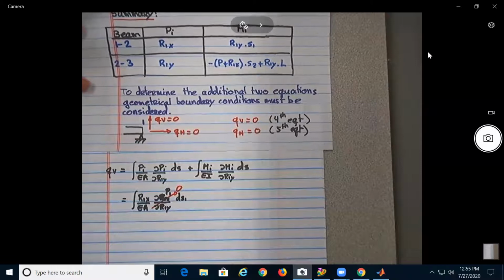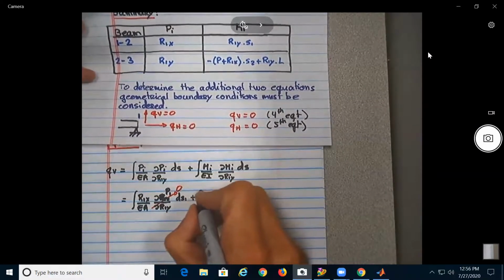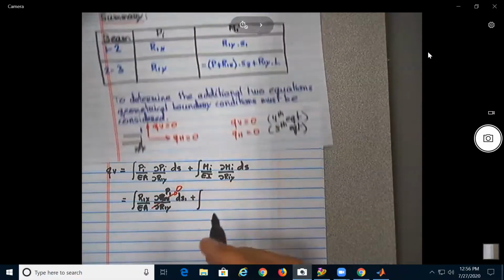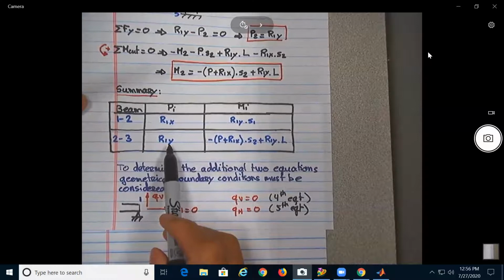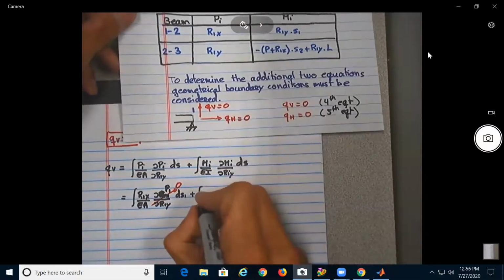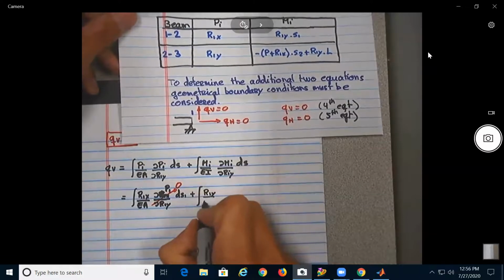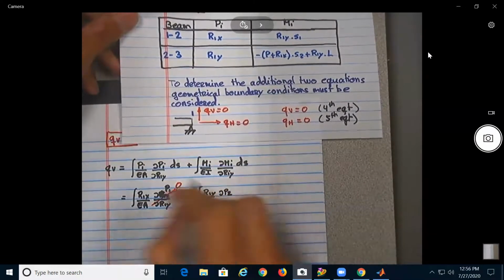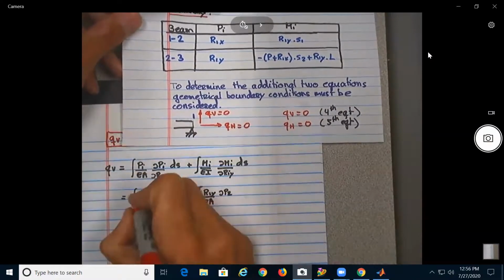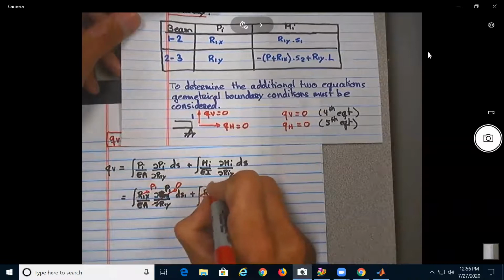But now we need to do the same thing for the second force. So it will be plus partial of... Now, what is P2? P2 is R1y, no? So here we'll have R1y over EA times partial of P2. This is P1, this is P2.